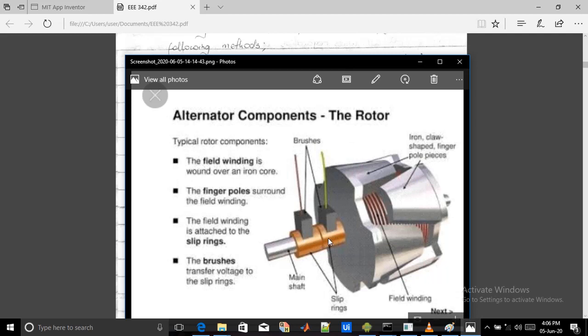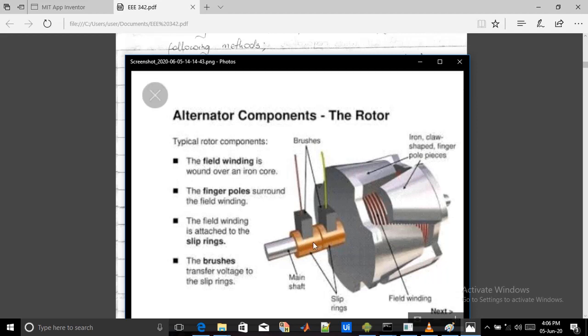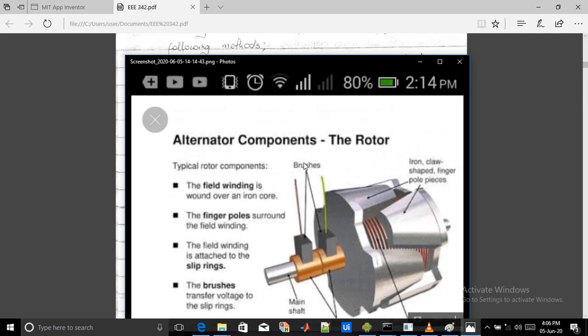Two slip rings, but they are insulated from the shaft because the slip rings are conductors, and the shaft is also a conductor. So to avoid losing power through the shaft, we insulate the slip rings from the shaft.